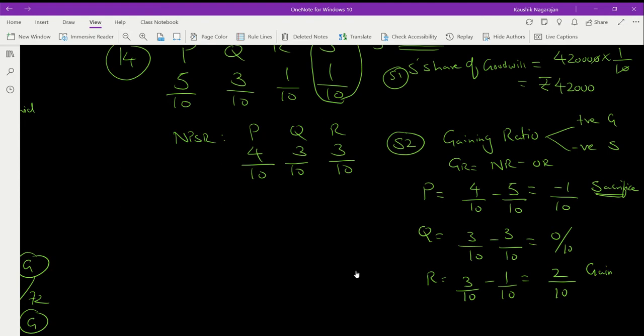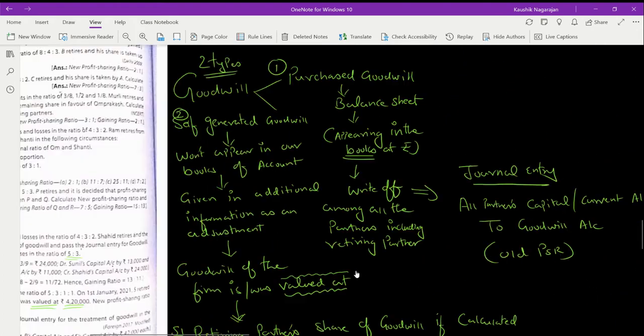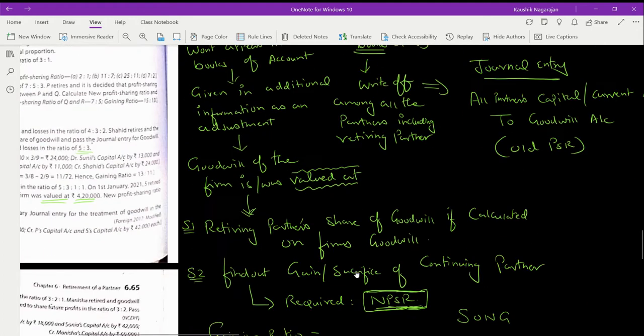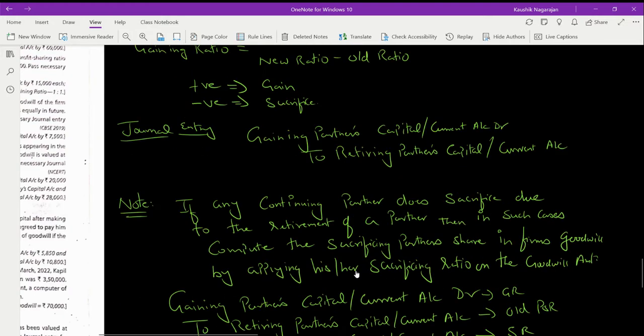Now, just recollect what I said in the special note: if any continuing partner undergoes sacrifice due to the retirement of a partner, in such cases we also have to compute the sacrificing partner's share in the firm's goodwill.